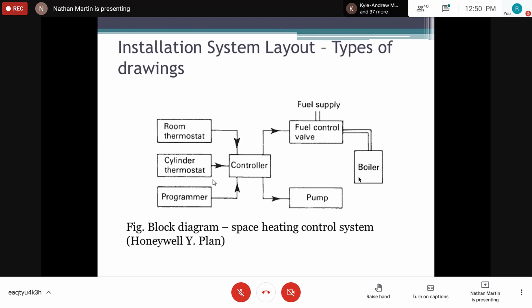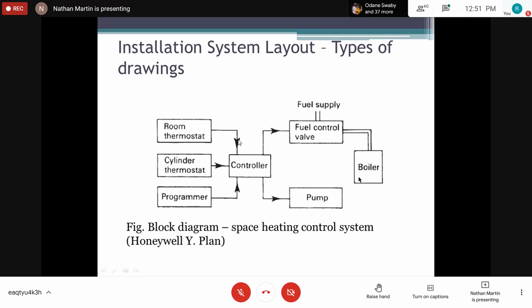I'm going to show you an example of a block diagram. This is really a temperature control system, a space heating control, where we show you the room rheostat. So we are saying that the controller is the central unit, the brain, and it will take all of these signals in and control all of these other devices, right?